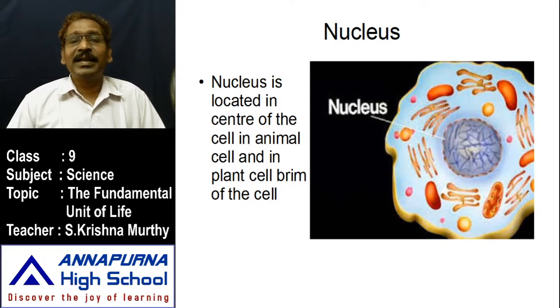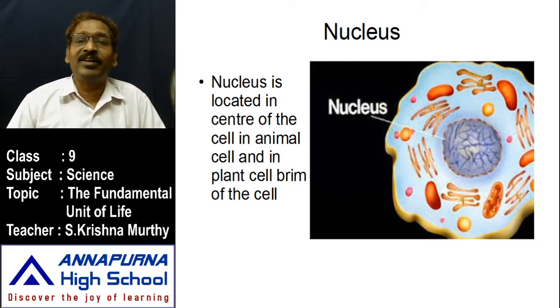This chromatin contains a number of segments. Each and every segment is known as a gene. What is that? A gene. Every ribbon-like or thread-like structure occupying the nucleoplasm has segments, and the segments are also known as genes. These genes are responsible for heredity or inherited characters.